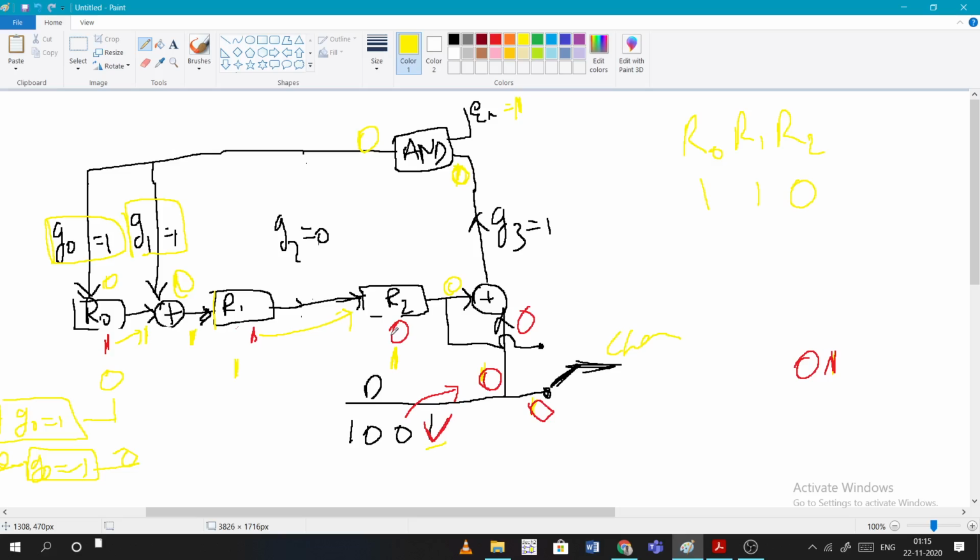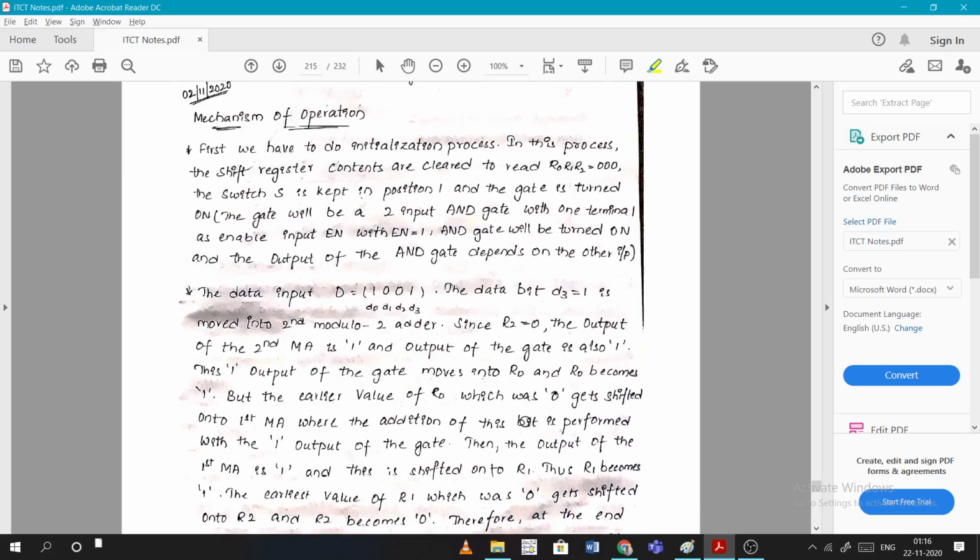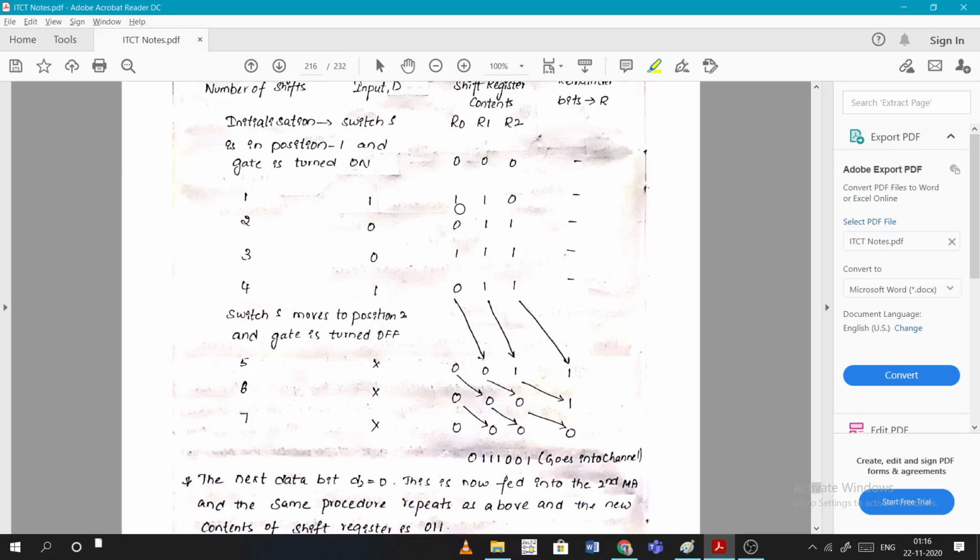So now this will be coming outside. So now the value is 0 1 1, right? So let's check with the table itself. So see, 1 1 0 and 0 1 1 we got. So for the first cycle we will get 1 1 0. When the second bit is sent, that is the second bit 0, 0 1 1 we got.